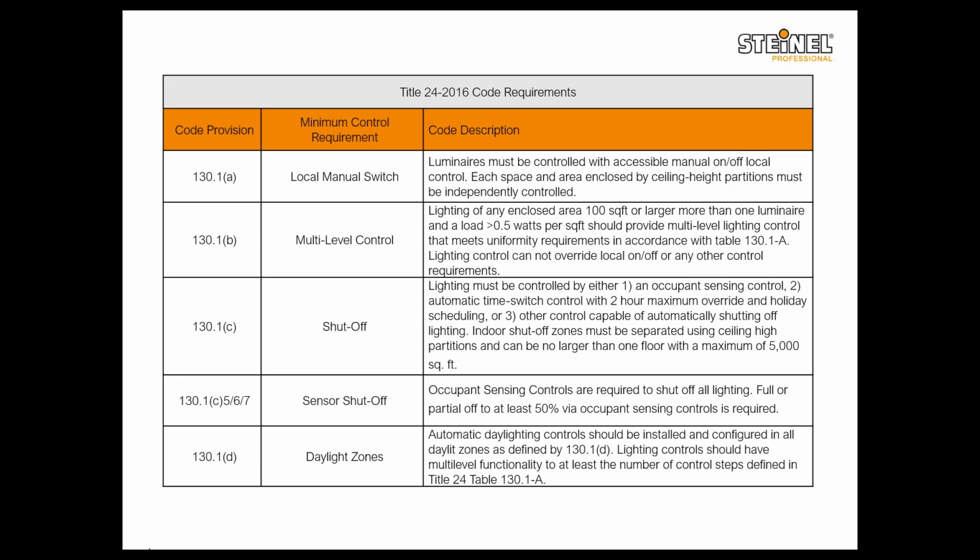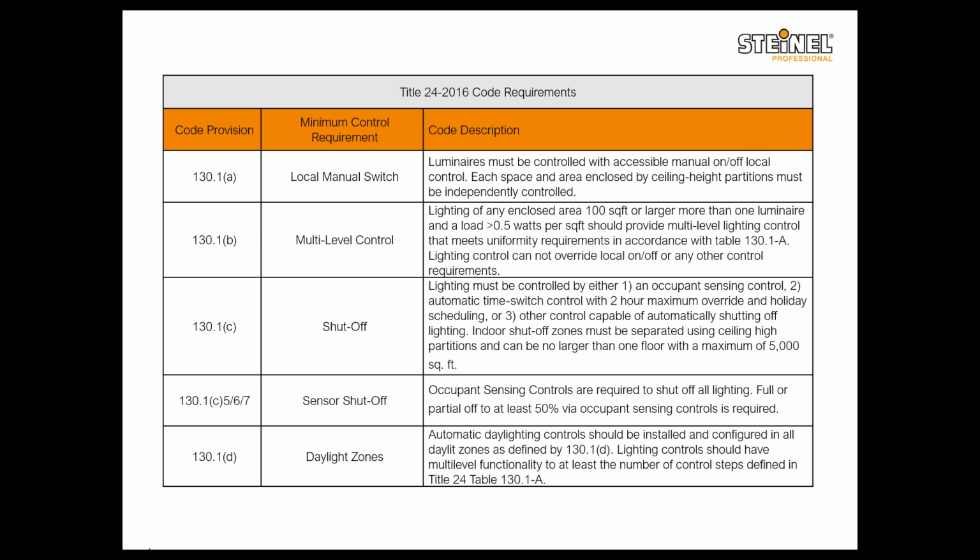The basic requirement, like all the other codes, is that you need to have a local manual switch within the area to control the lights and turn them on and off. The next requirement that is a bit different from other codes is that multi-level control is used across the board in Title 24, and pretty much in all areas you need to have some form of multi-level control.